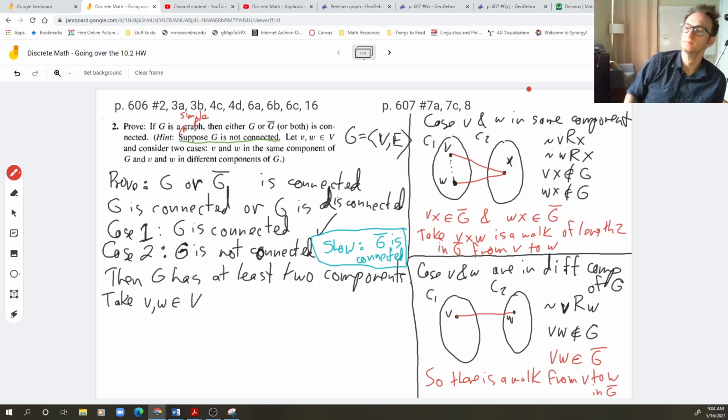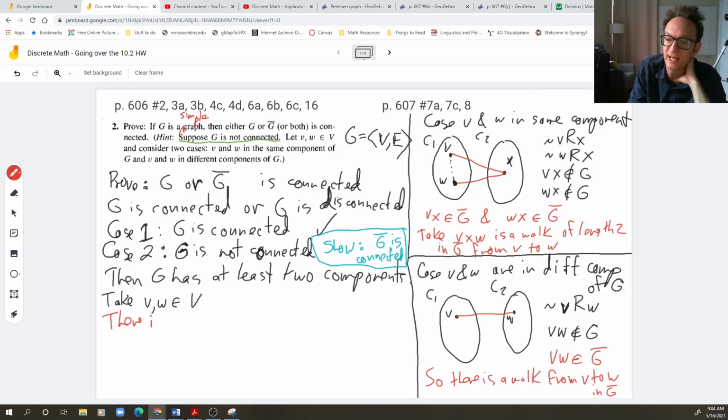All right, so what have I just shown? Maybe the conclusion over here: take V and W, see these two cases, then there is a walk from V to W in G complement.